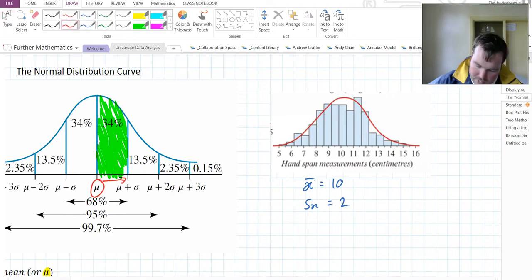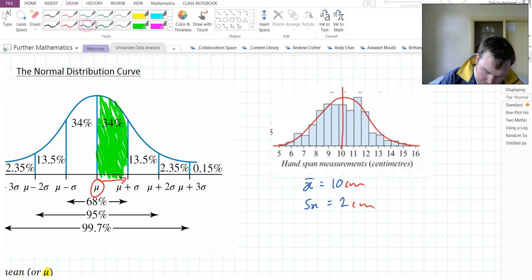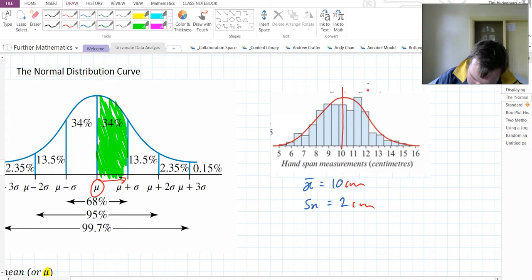If we're told that the mean is 10 centimeters and the standard deviation is 2 centimeters, we can say, well, the mean is 10 down there. And if I add 2 centimeters on to 12, 34% of people will have a handspan between 10 and 12.